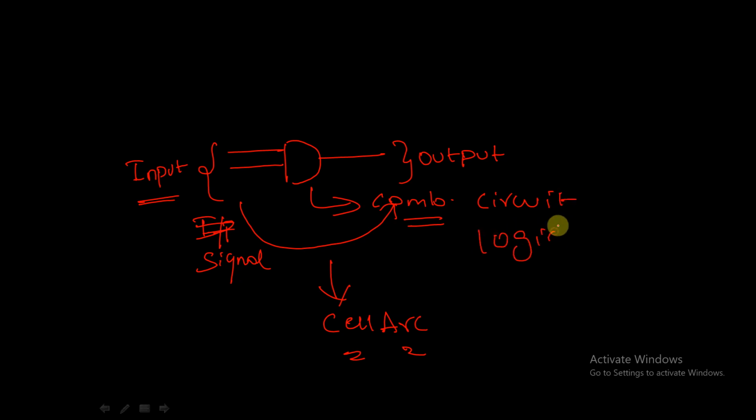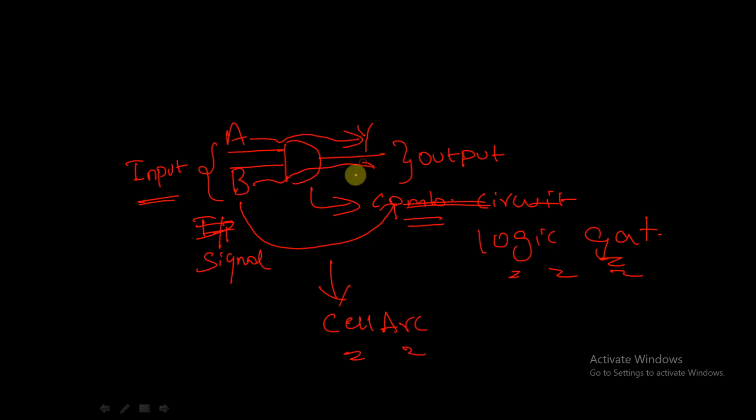It has two paths: these are my two inputs and this is my output. The signal may travel from A to Y, or it may also travel from B to Y. So these are the timing arcs for this particular cell.